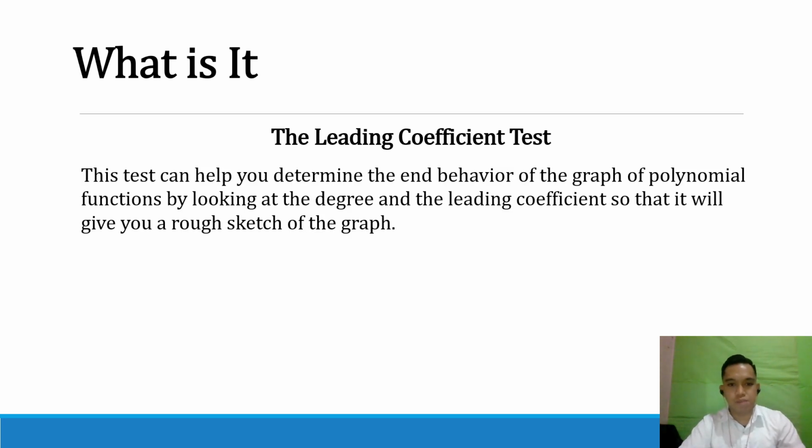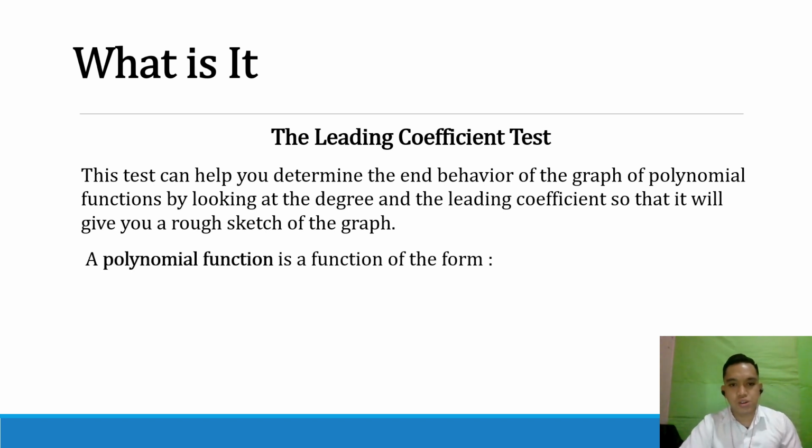This test can help you determine the end behavior of the graph of polynomial functions by looking at the degree and the leading coefficient so that it will give you a rough sketch of the graph.